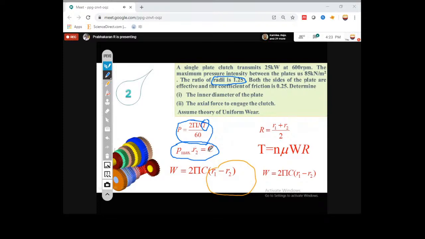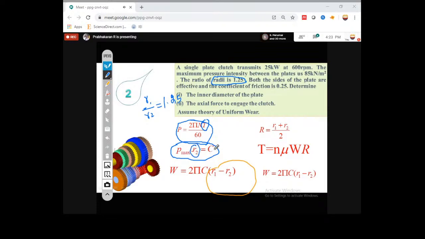Here 1.25 means R1 by R2, so R1 by R2 equal to 1.25. We can write it as R1 equal to 1.25 R2. So C equal to P max, we know the value 85, so C will be in terms of R2.